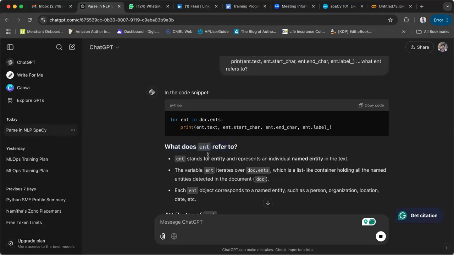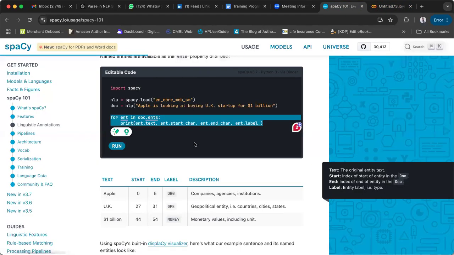So this is entity recognition. ER process, they're just giving this name, so don't read any other meaning into it. In this, we have the entity text, entity start character, entity end character, and entity label.